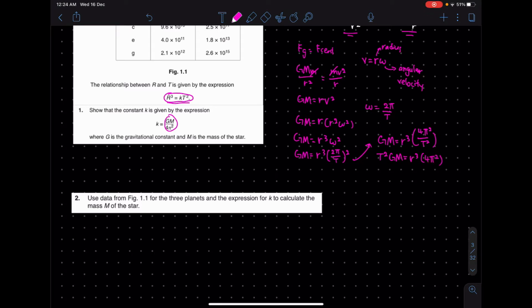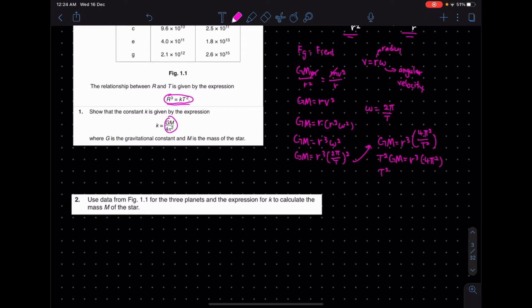Since r cubed is alone on one side, I'll divide by 4 pi squared, so I get t squared GM over 4 pi squared is equal to r cubed. And voila, we have proved it. This thing would be k. You'll notice that they look equivalent. So now we got question 1 down.